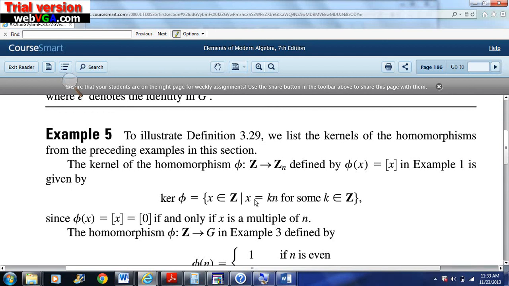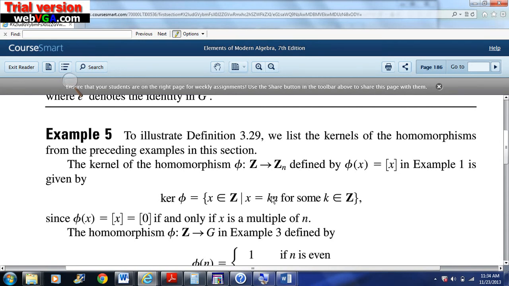If you say 2 times n, if you're in mod 4, for example, 4 would be the identity, 0 would be the identity, 8 would be the identity. Any multiple of 4 would be the identity if you're in mod 4.